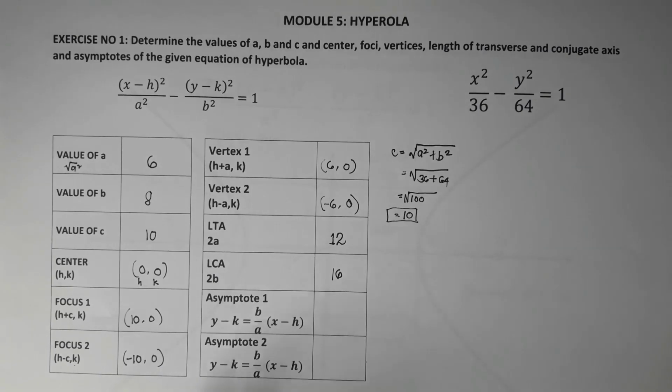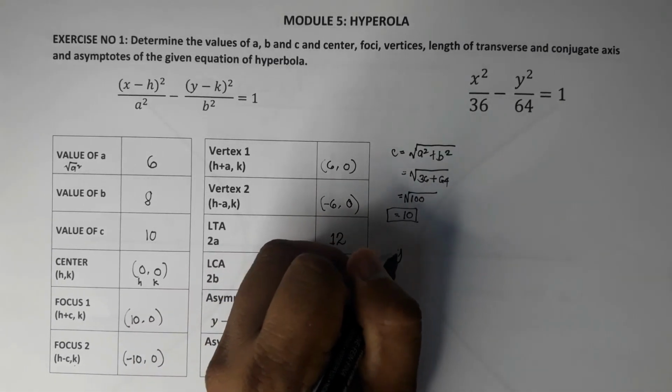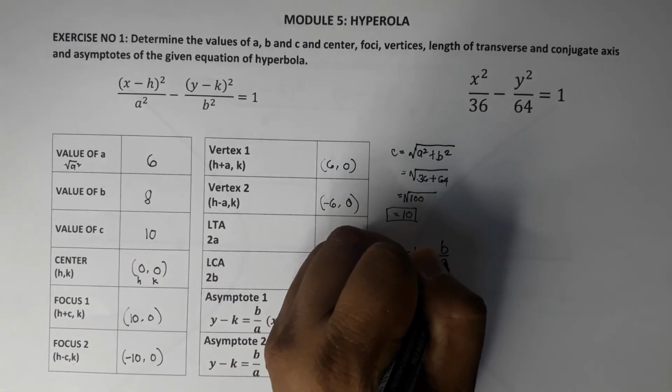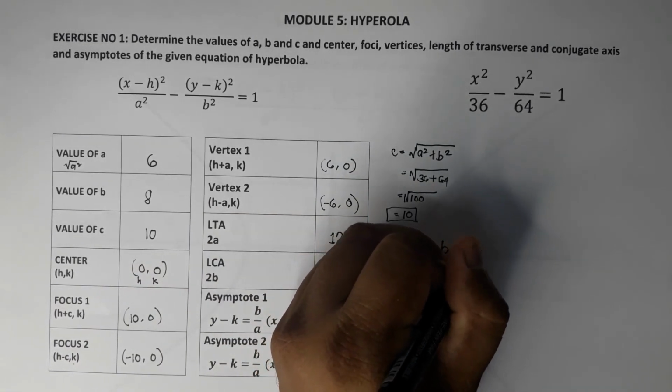Okay, next, the asymptote 1. So, nakikita niyo yung formula ng asymptote 1, no? Parang medyo komplikado yata siya, sir. So, hindi man siya ganun kakomplikado. Okay, so let's first rewrite our asymptote 1 here. y minus k is equal to b over a, then x minus h. Ayan.